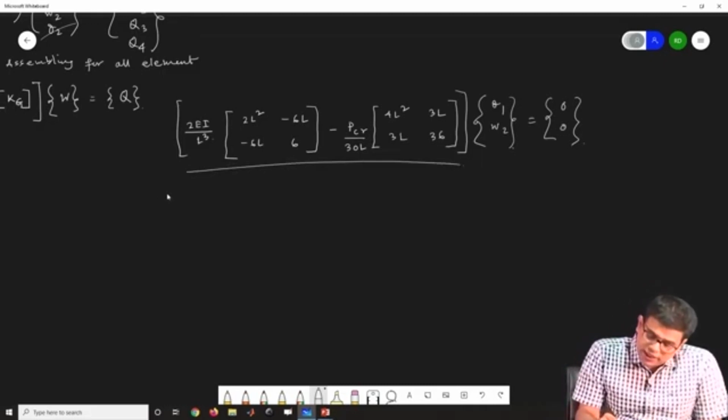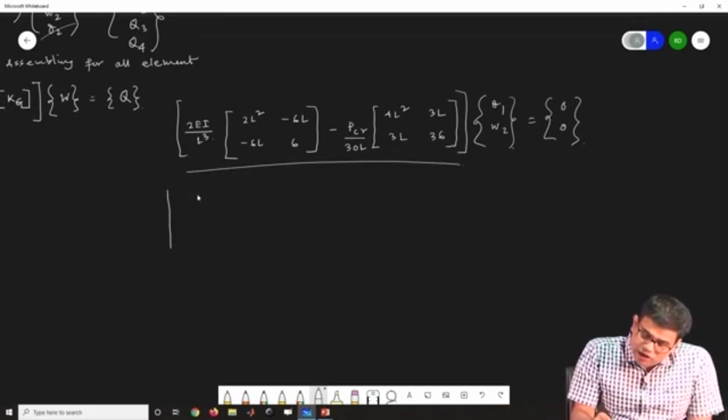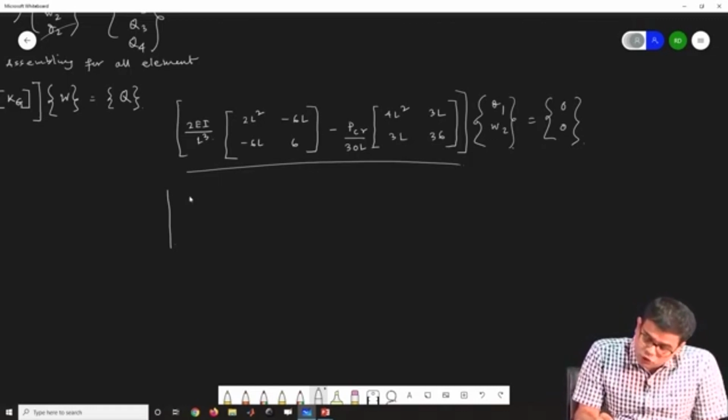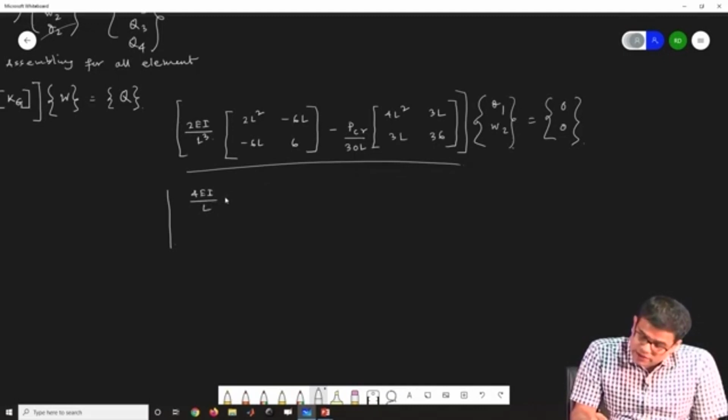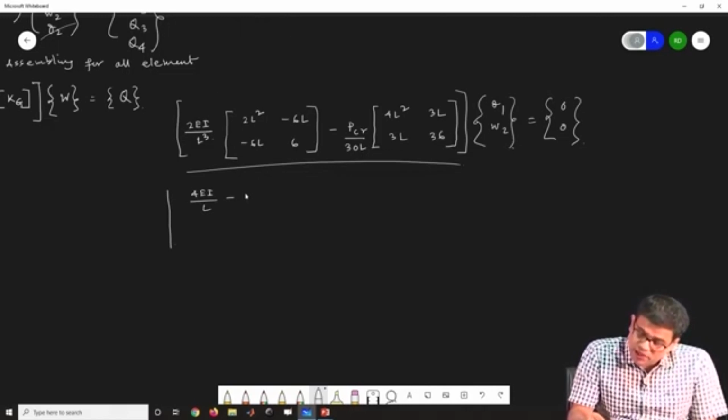So essentially the determinant of that is 2EI, that is 4EI by L. We can write the determinant of this minus PCR by 30L into 4L squared.